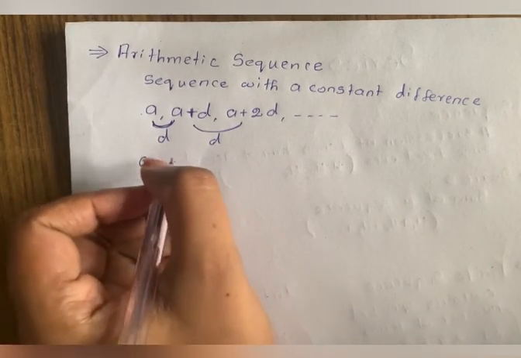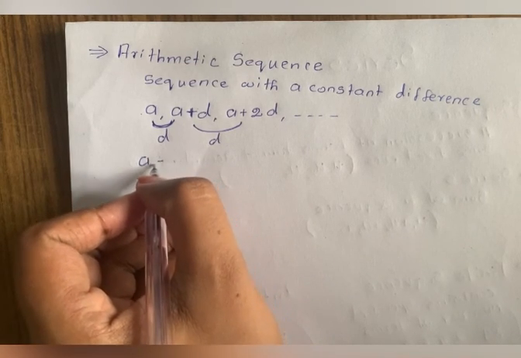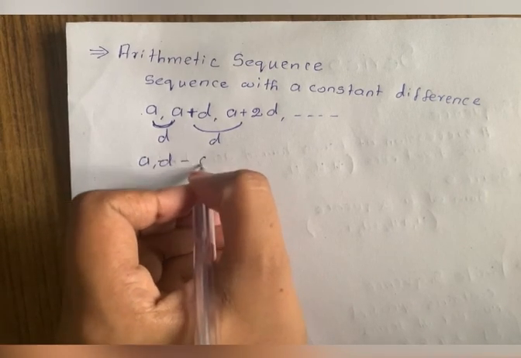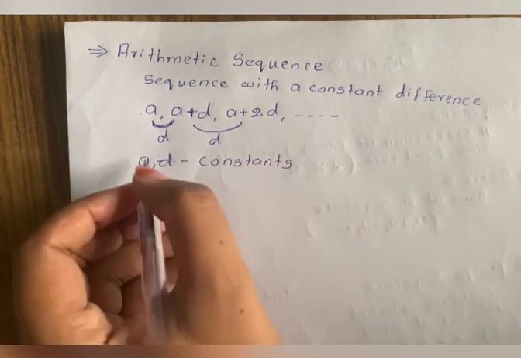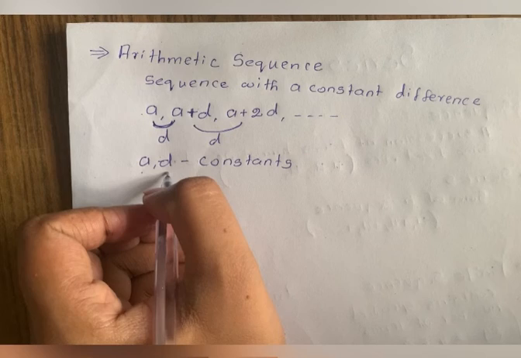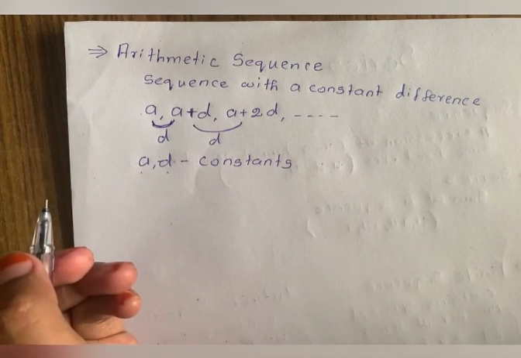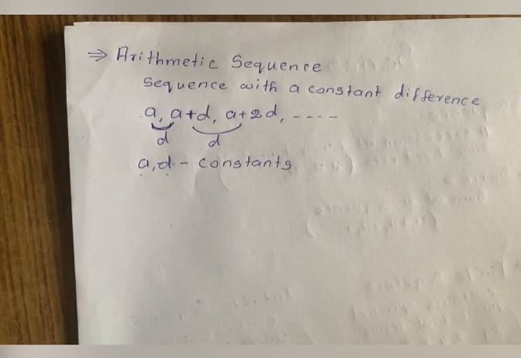Here a and d are constants, a is the first term and d is the common difference.